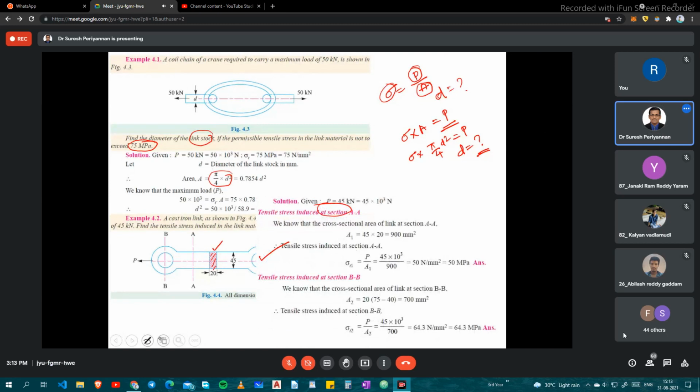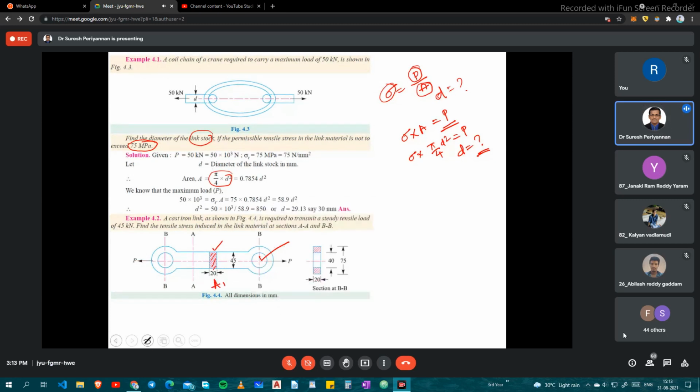See here. Okay. Now the first one, the area is given here, 45 into 20. You can consider this as A1. And the other area is given here, this is nothing but the side view, you can see the dimensions of this mechanism. The inner diameter is 40 and 75 on this hook.